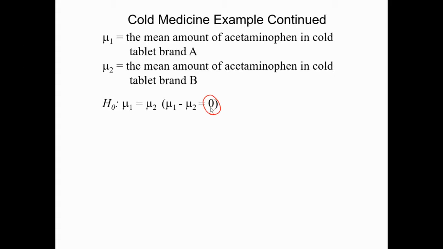And then what would the alternative be? mu1 is not equal to mu2. Or, equivalently, you could say that mu1 minus mu2 is not equal to 0.